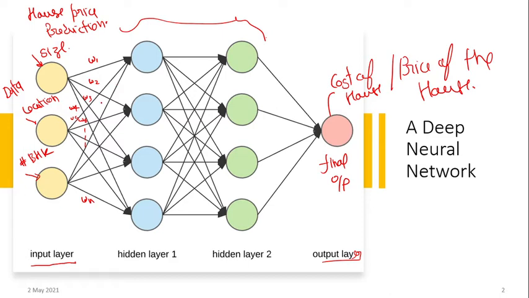Now what these weights do is they take the size and create new features. So you can say these nodes are creating new features. While we are creating new features, how much weightage we give to the size, how much weightage we give to the location and how much weightage we give to the BHK will be decided by these weights. Getting it?